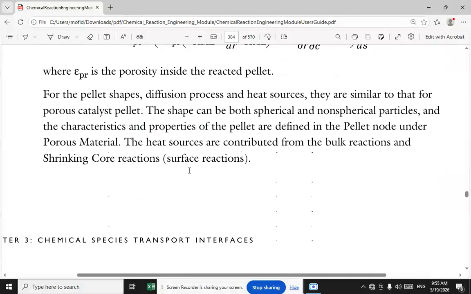For the pellet shapes, diffusion process, and heat sources, they are similar to those for the catalyst pellet.